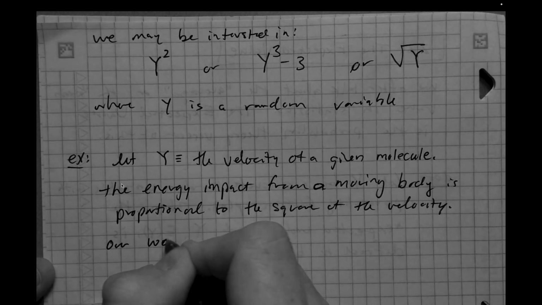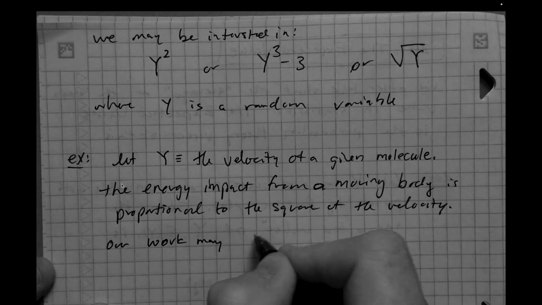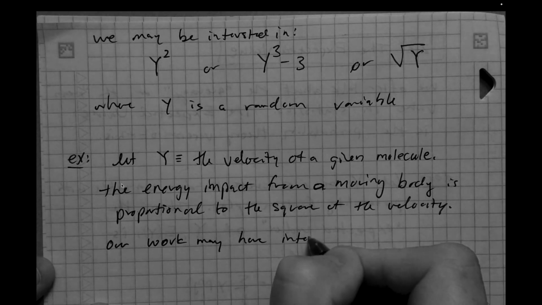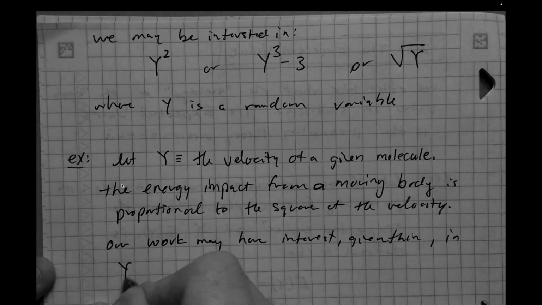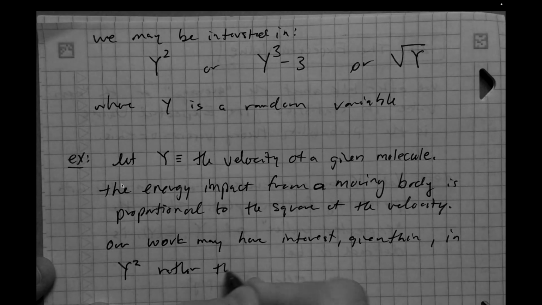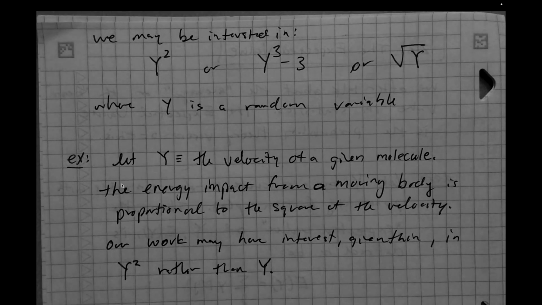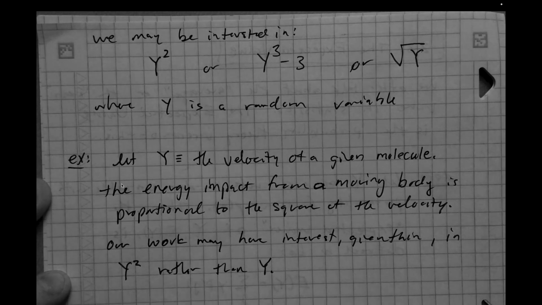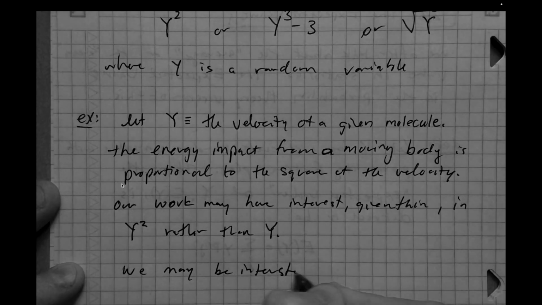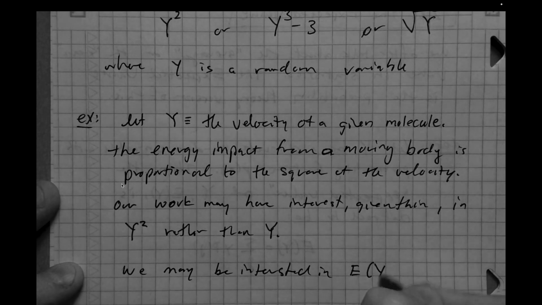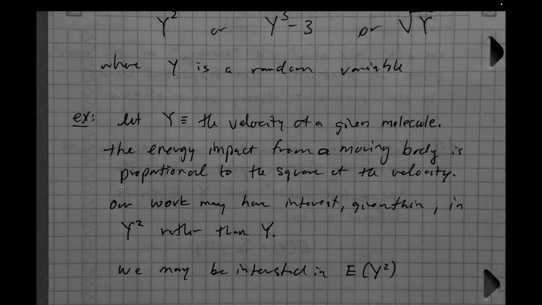Our work may have interest, given this, in y squared rather than y, okay? And so maybe we're interested in the expected value of the energy impact from a molecule. And so in that case, we may be interested in the expected value of y squared rather than the expected value of y.